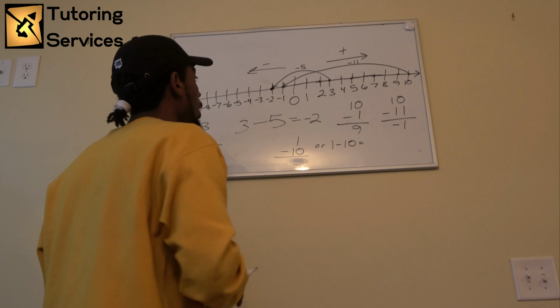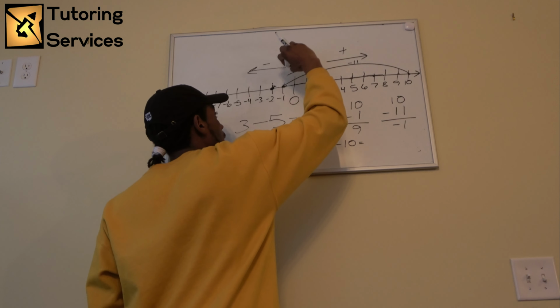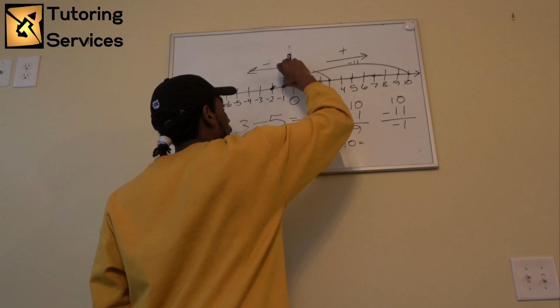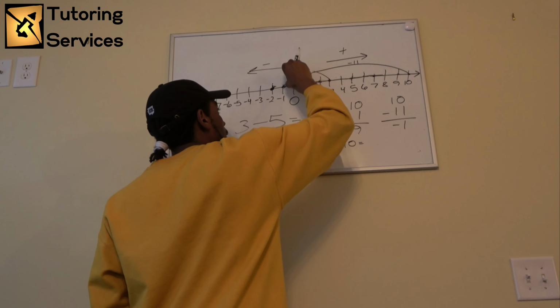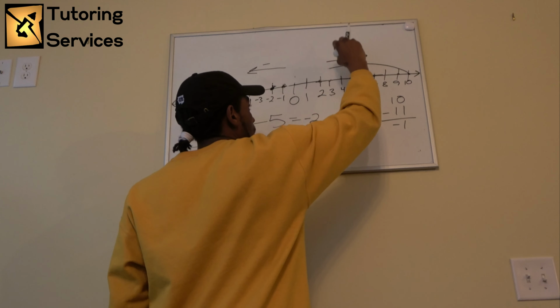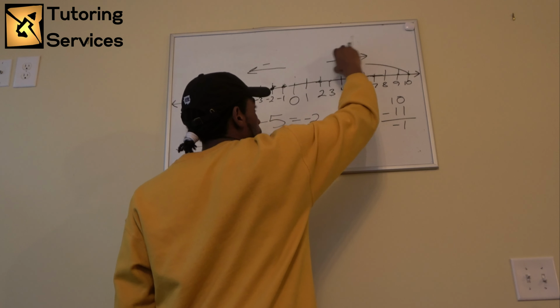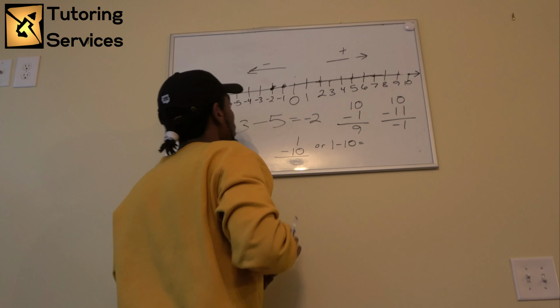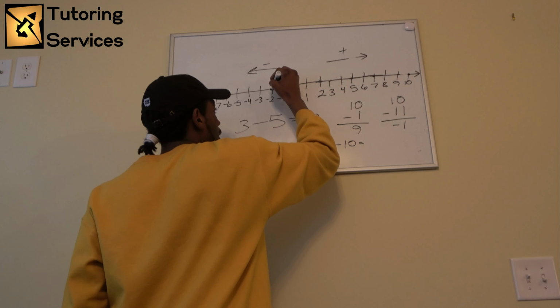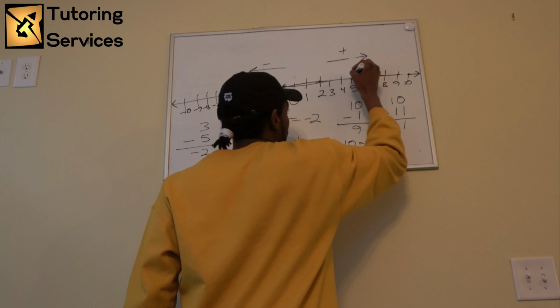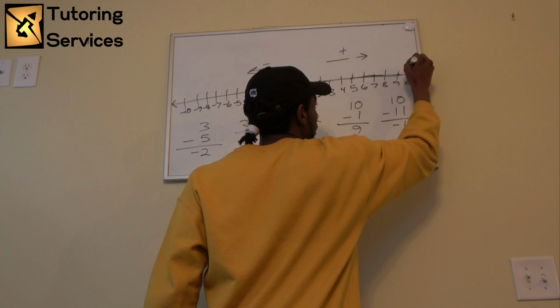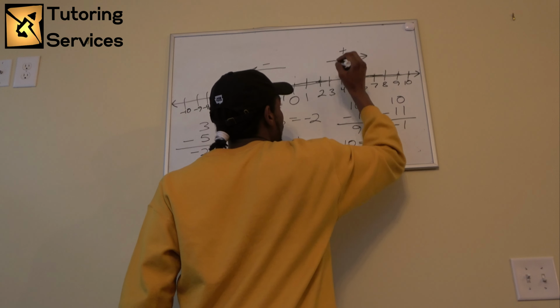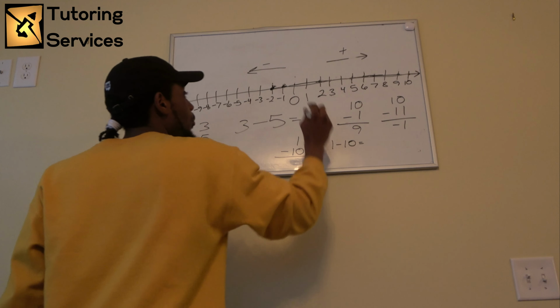All right, well, if we start at 1, let me erase some of these previous problems. Give me a second. But if we start at 1, anytime we're subtracting, we're going towards the direction of decreasing numbers. In this case, that is to the left. We are subtracting, we are going to the left.